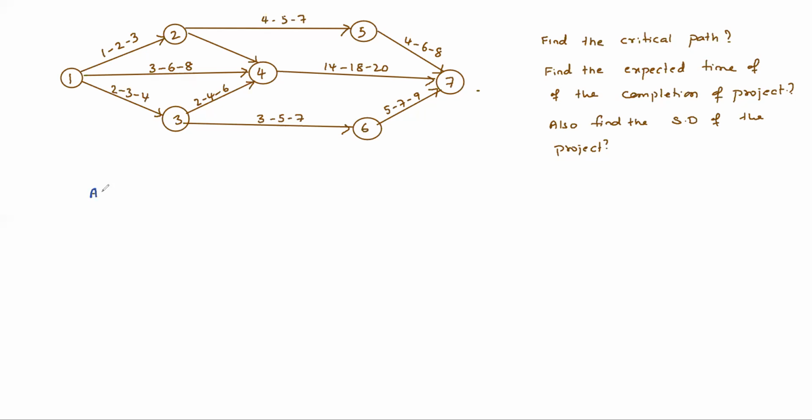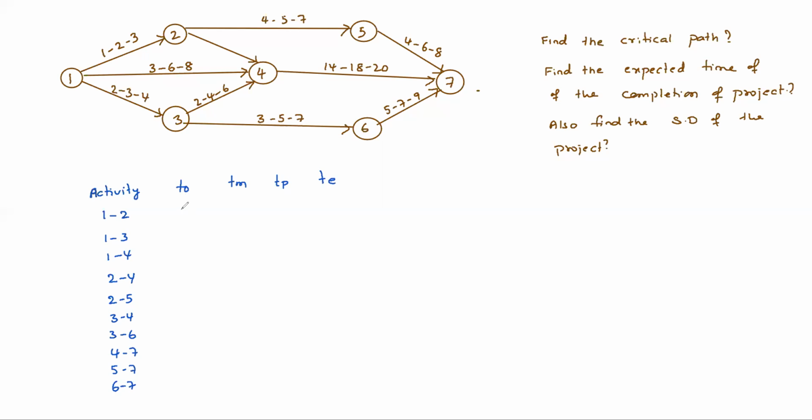Activity: 1-2, 1-3, 1-4, 2-4, 2-5, 3-4, 3-6, 4-7, 5-7, 6-7. So T naught, TM, TP, and TE.